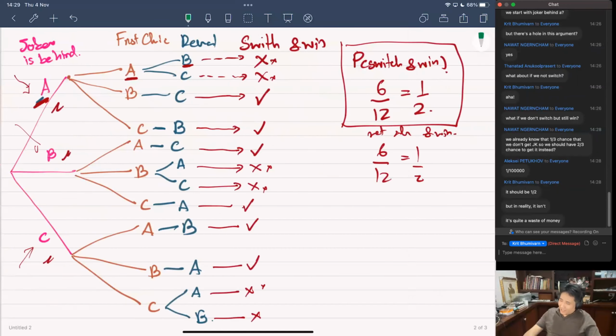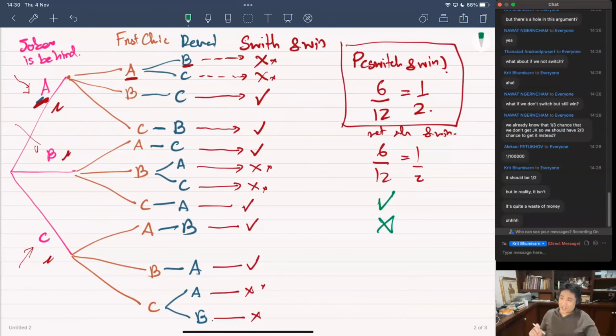So when we did it by counting the check marks and the X marks, we did not take into account the associated probability of each outcome. We only counted the outcomes. It's like either you win the lottery or you don't, but that doesn't mean your chance is going to be a half.